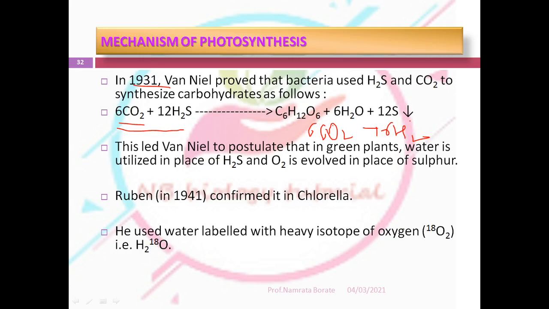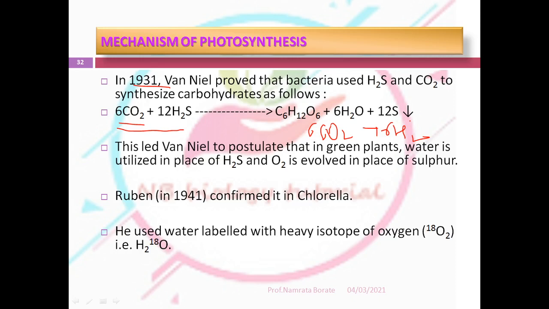So based on the same principle, it was assumed that water gets split into hydrogen and oxygen, and the oxygen is released as a byproduct, while the hydrogen combines with carbon dioxide to produce the sugar.